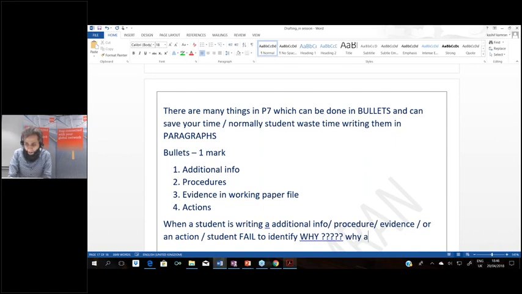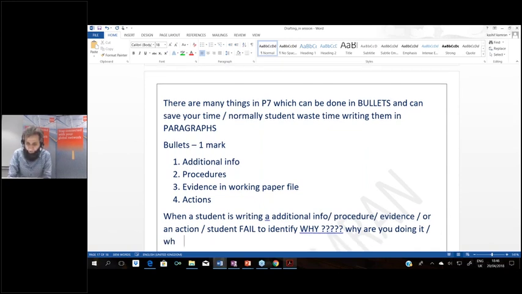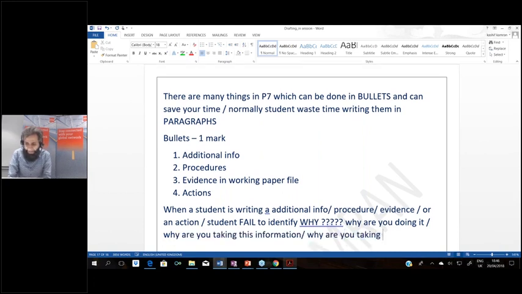Why means, why are you doing it? Or why are you taking this information? Or why are you taking this action? Please, the why is very important. You need to put the why. So if you say review the board minutes, why? If you say copy of the board minutes, why? If you say discuss with management, why? The why is very important, right? That is for information, procedures, evidence, and actions, right?